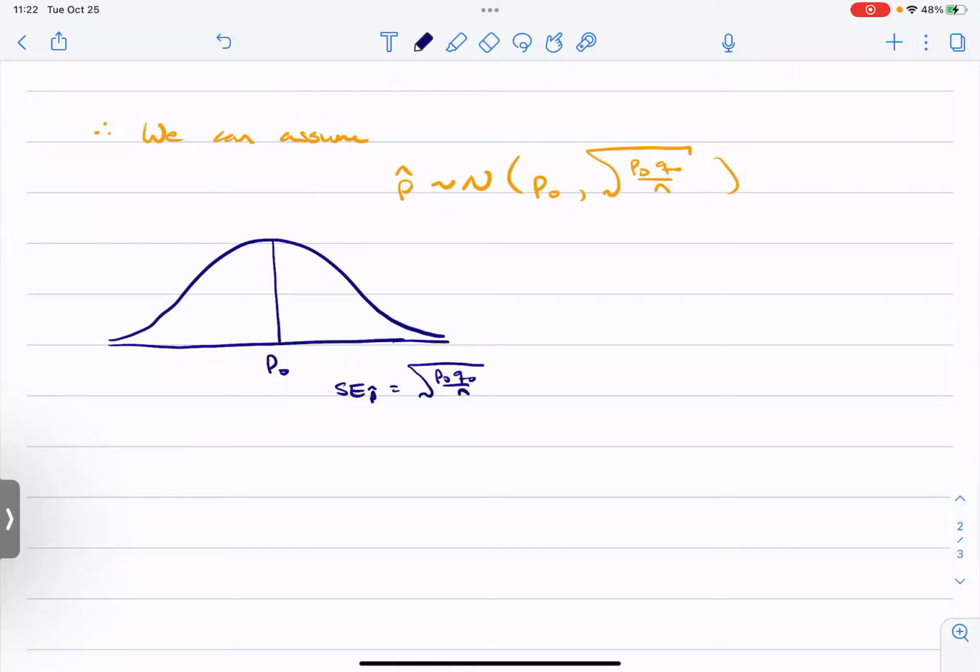Because we have n, we have our null hypothesis and p naught, we have all that information. So now what we want to do is look and see where our sample proportion falls on this line. Is it within some reasonable realm of p naught, or is it far enough away from p naught to be considered statistically significantly different from p naught?